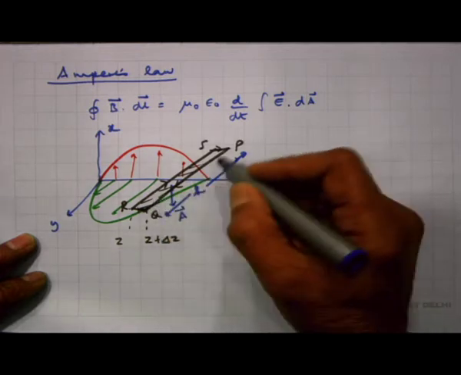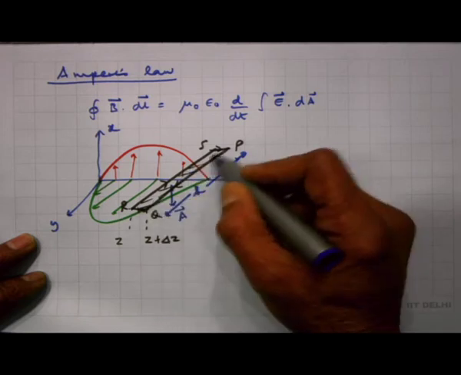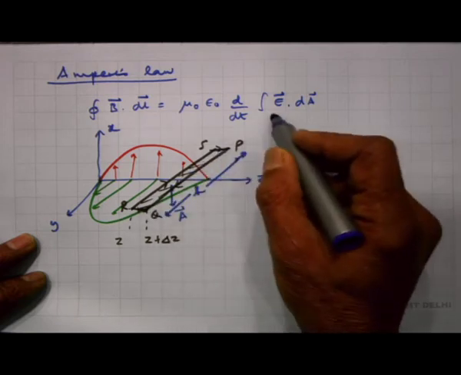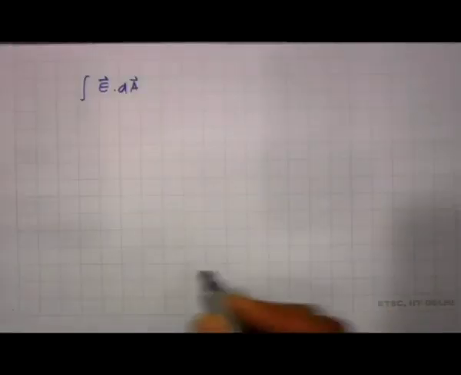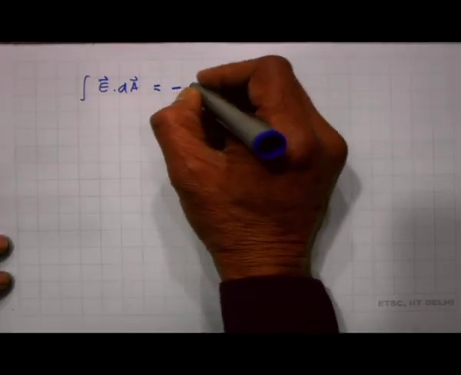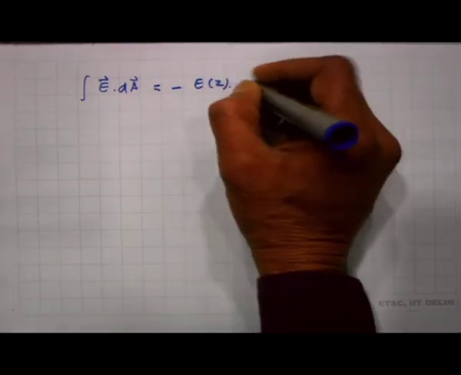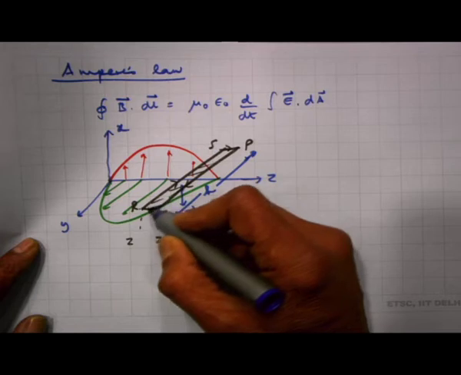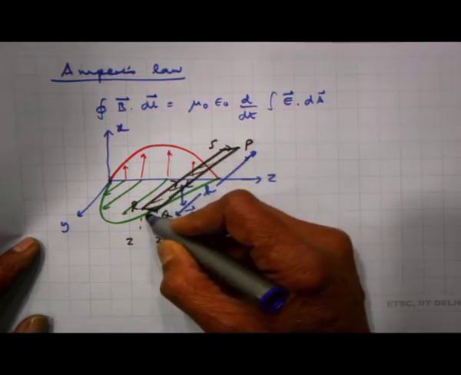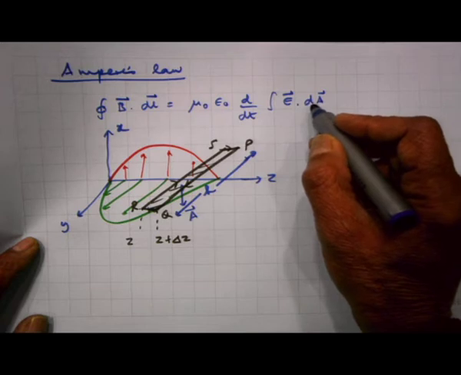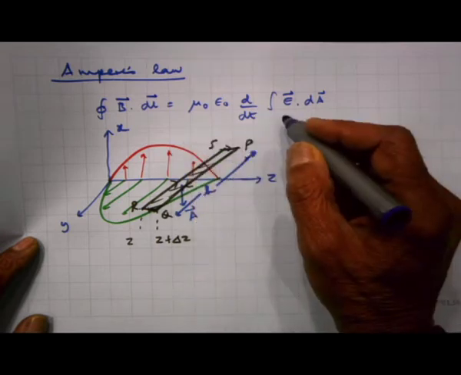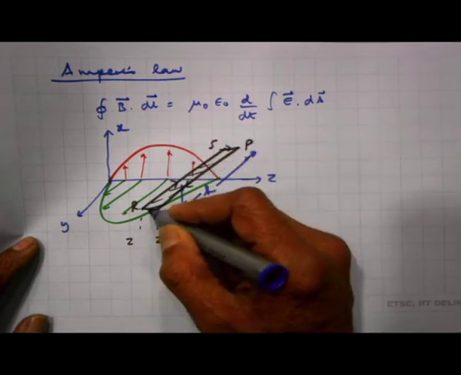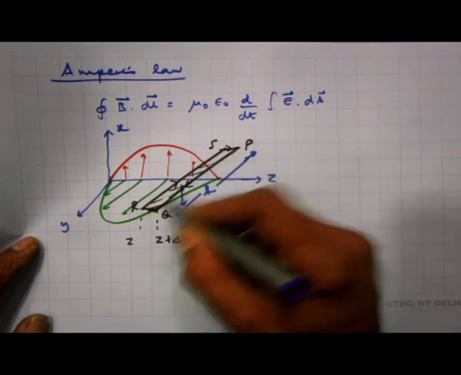Now, again as before, I am going to assume that the electric field is almost constant within the area of this loop. So, this integral will simply be the electric field at this point multiplied by the area of the loop. So, this is equal to minus of E of z into the area of the loop, which is h delta z. So, E dot dA is minus E dA, because the area is pointing downward, the electric field is pointing upward, and the electric field at this point is approximately E of z, multiplied by the area, which is h times delta z.